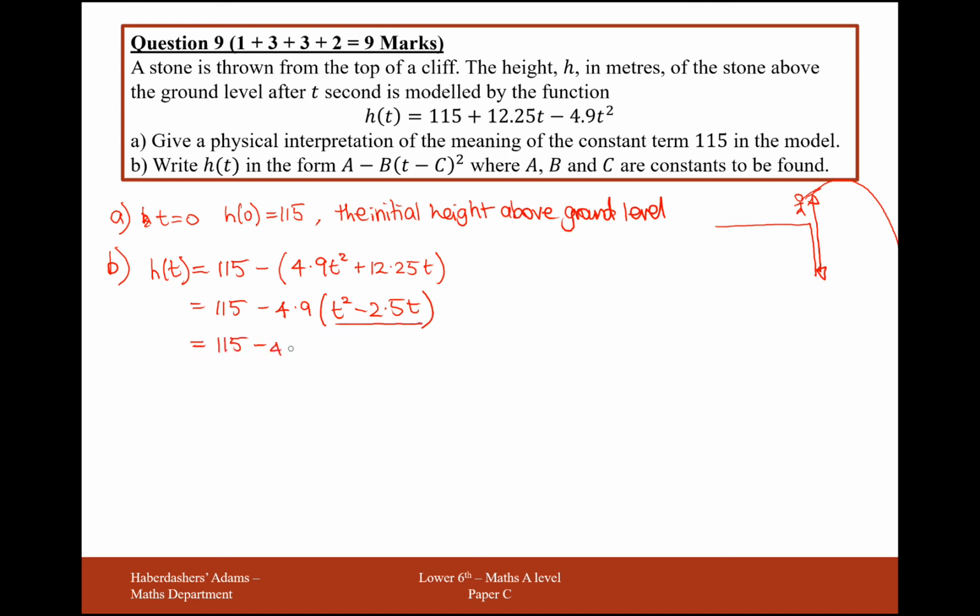So 115 minus 4.9, so what you do with completing the square is you do t minus half of 2.5, so that's 1.25 squared, and then you subtract 1.25 squared, so let's think of 1.25 as 5 over 4, so this is going to be subtract 25 over 16.